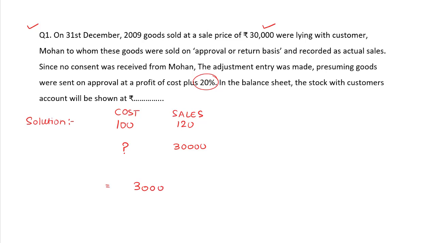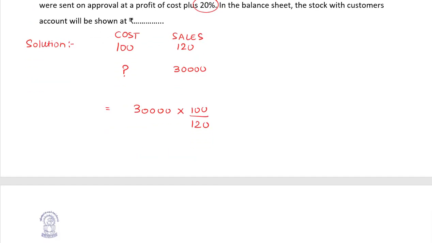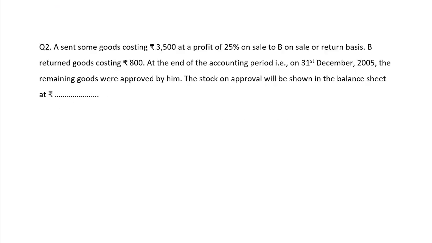So, 30,000 multiplied by 100 divided by 120. Solve it. Rupees 25,000. Cost 100, sales 120. Sales is 30,000. What would be the cost in the books? 25,000.